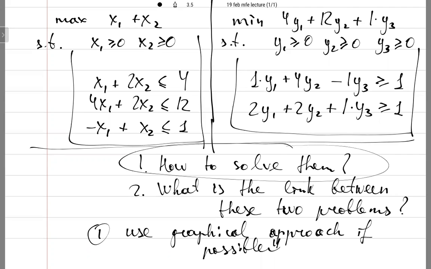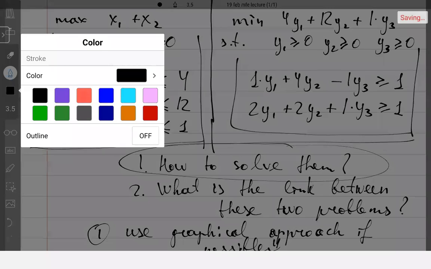We may, but if I have 4 variables, it will be tough. So let's start with the first problem, and then we will discover the link between the two problems. Maybe you may think that it's just a coincidence.